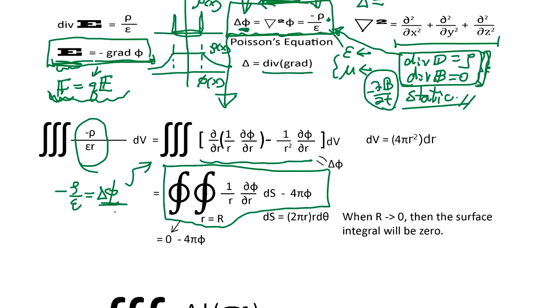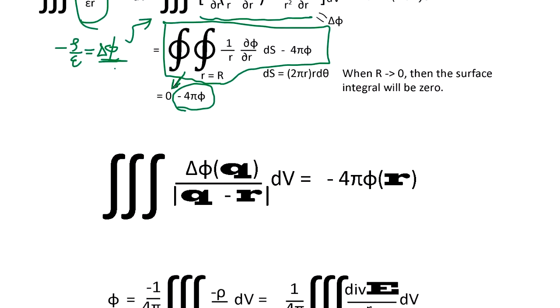And this one, for large R, if you integrate over the large surface, it's going to go to 0. So the only remaining part is this. What happens is we can get the potential by integrating the second derivative of the potential, which is related to the charge density distribution. So this is basically the integral format of Poisson's equation.